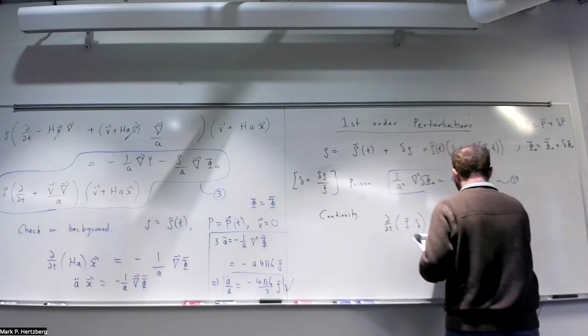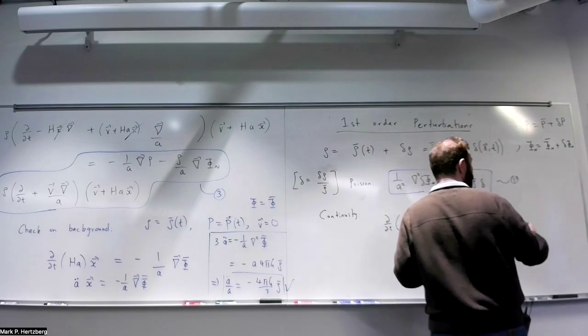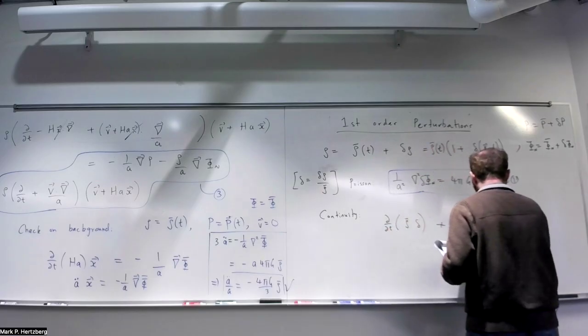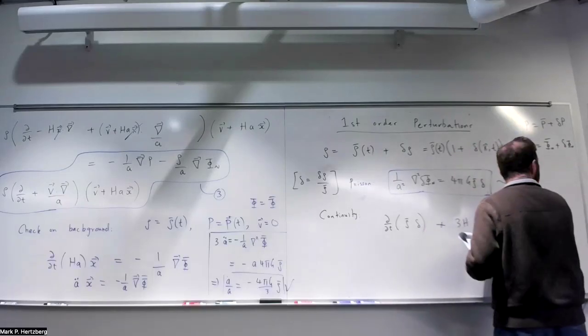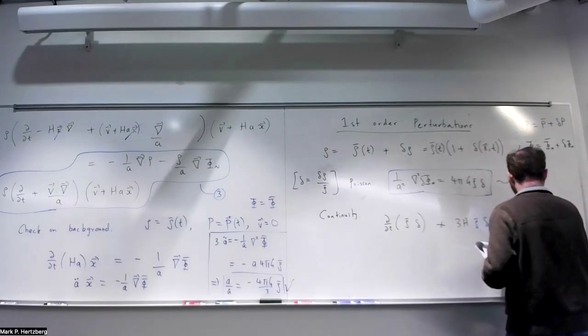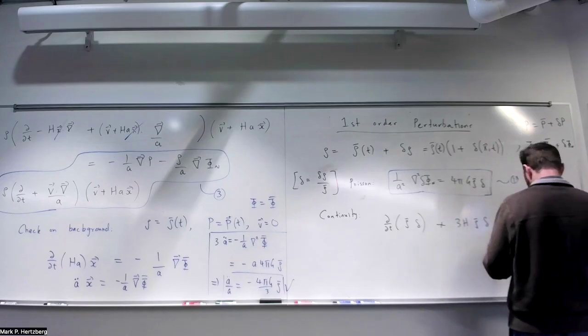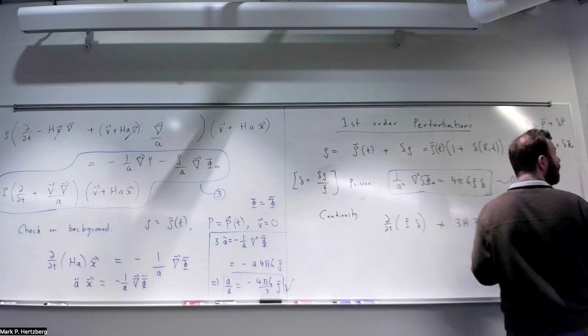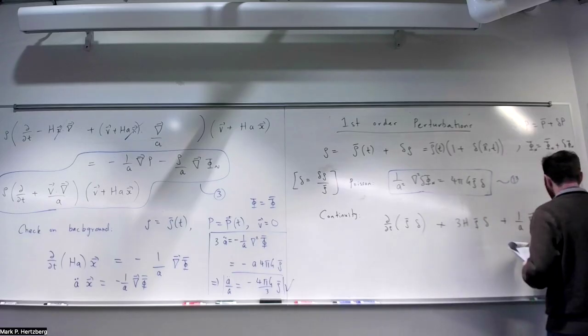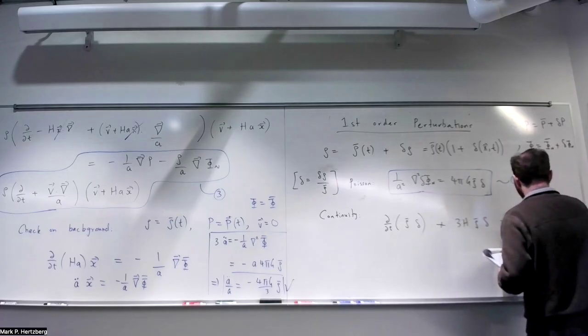Plus 3H delta rho, which is rho bar delta. And then the last term, 1 over a, divergence of rho bar v.